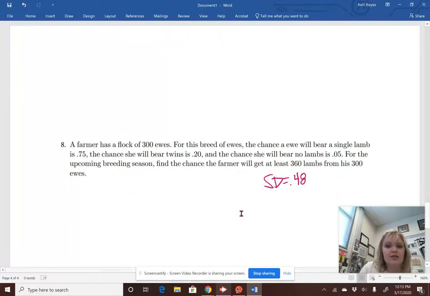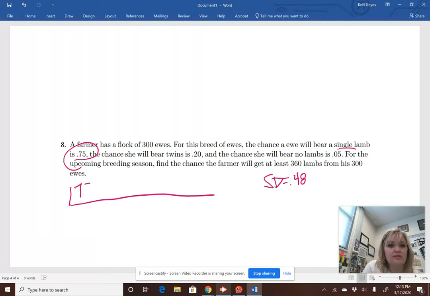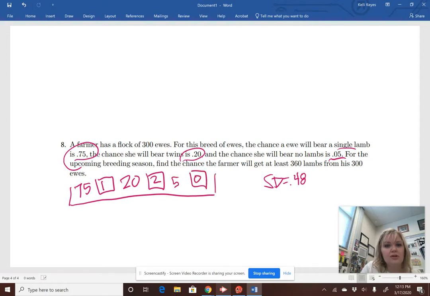And this one, well, it's sort of weird because you have 75% chance of a single lamb, so one lamb, so that'd be 75% chance of having one lamb, right? Twins is 0.20, so 20% chance of having twins. And then no lambs is 5, so then you go 5 is 0, and that should be the box model, okay, with the 360 draws for 360 lambs. Anyway, but the SD is that, so you don't need to put all those numbers in a list.